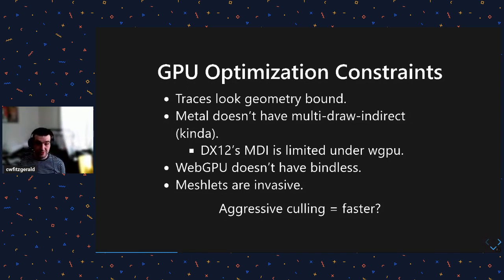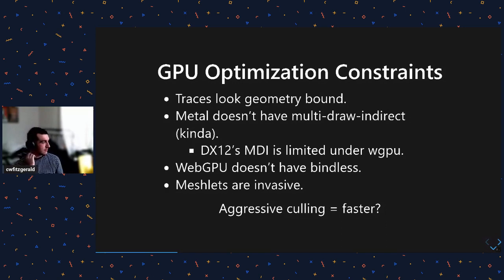Additionally, WebGPU just doesn't have bindless. This is fine for the hardware they are targeting, but does add another limitation. And ideally, we want one system that will work on both a bindful and a bindless system.